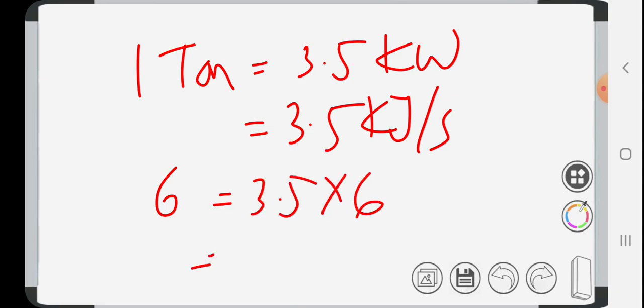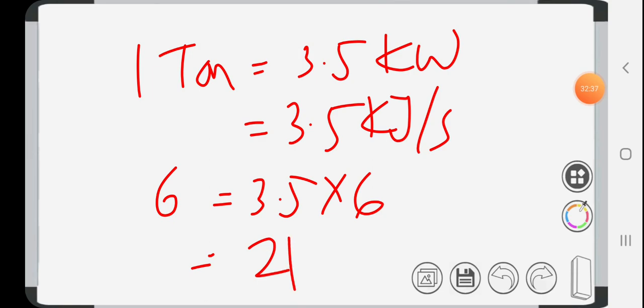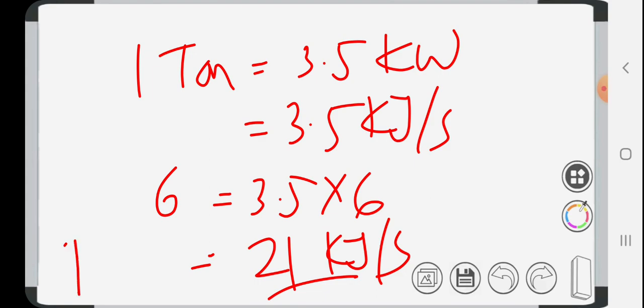How much? 3.5 into 6 will be around 21 kilojoule per second. So refrigeration effect RE will be 21 kilojoule per second.